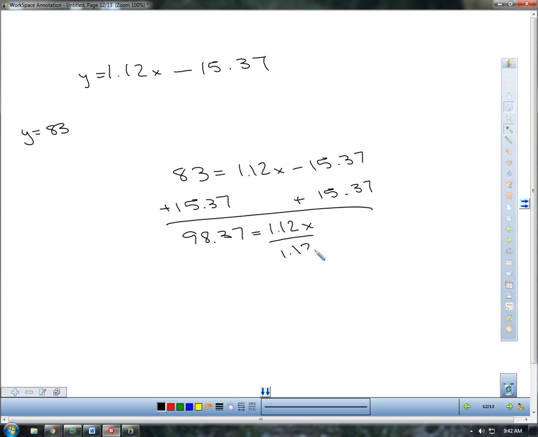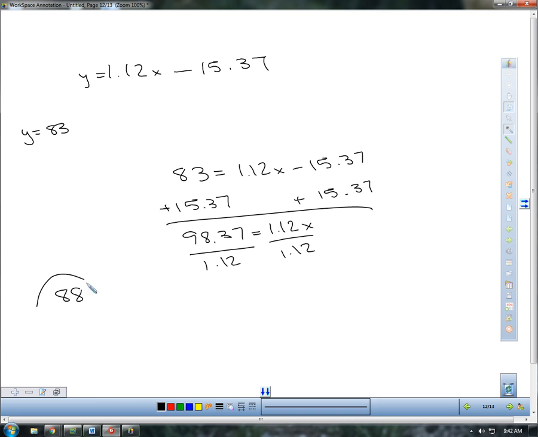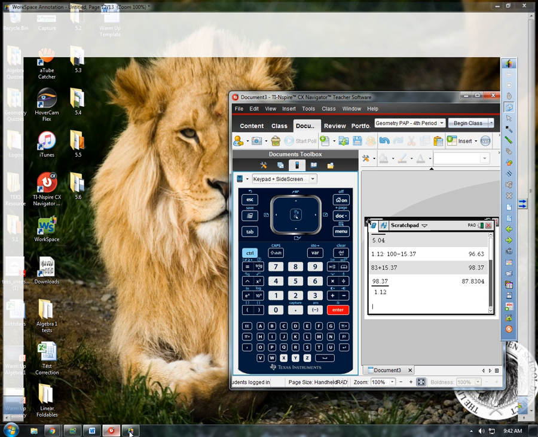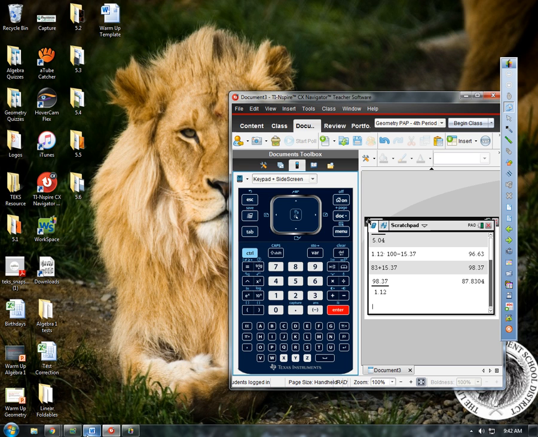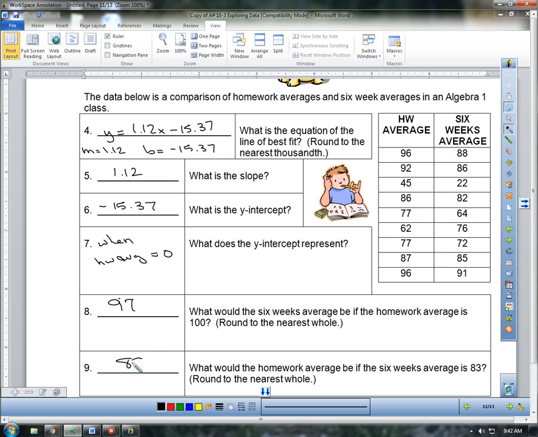Divide by 1.12. Okay. Put my calculator back up. That answer divided by 1.12 means I would have to make an 88 on my homework. Okay. So, oops, wrong tab. That means I have to make an 88.